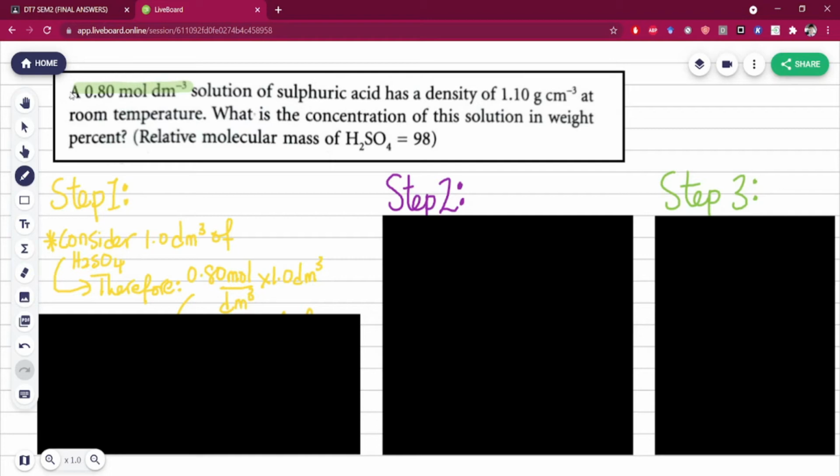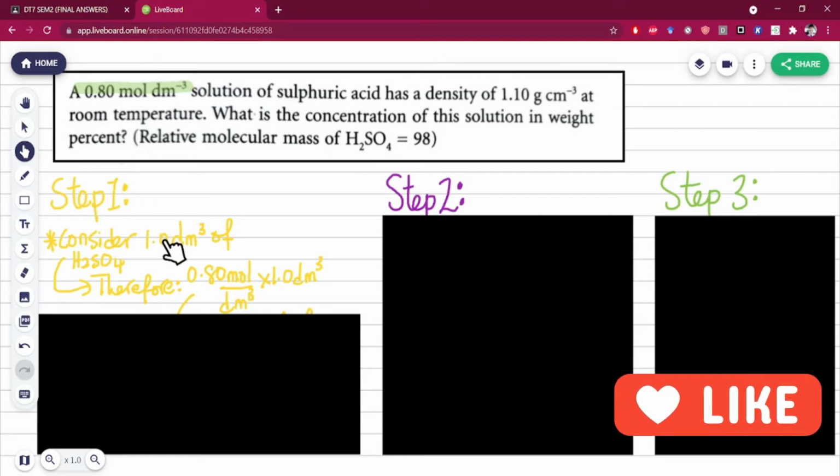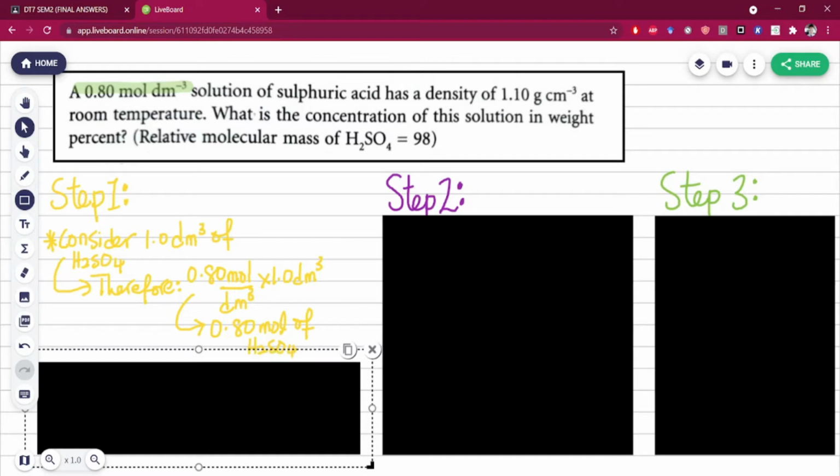From this piece of information, we can deduce that in every 1 liter, 1 decimeter cubed of H2SO4, we will have 0.80 mole of H2SO4.